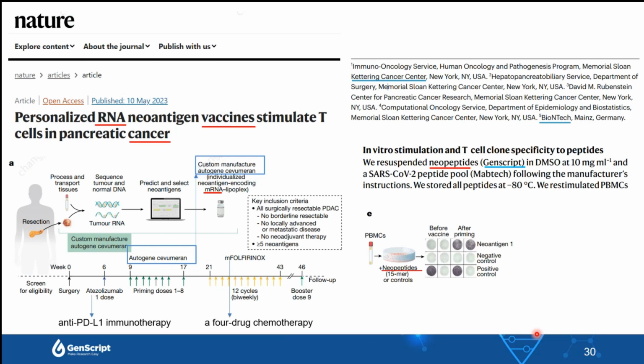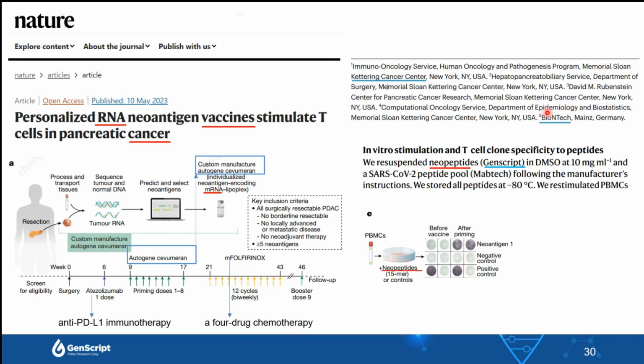Now this is the case from BioNTech. It was published last year in May, and it's a very important neoantigen vaccine that many people are paying attention to.